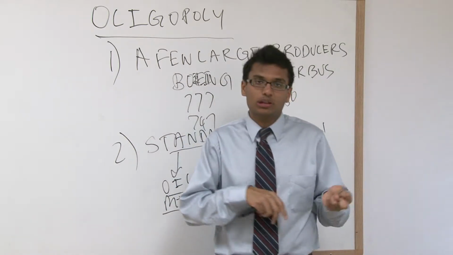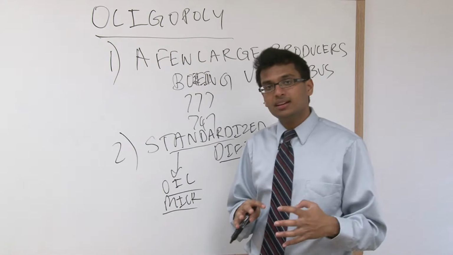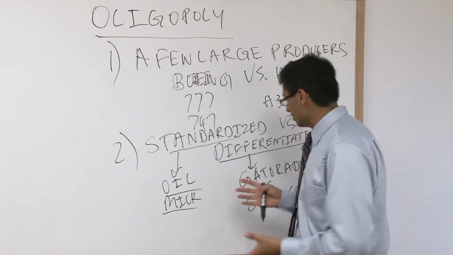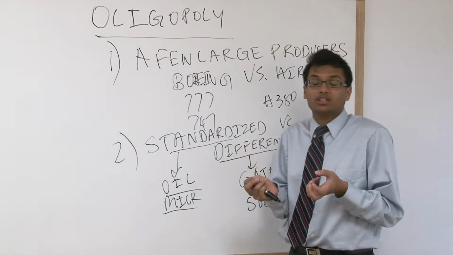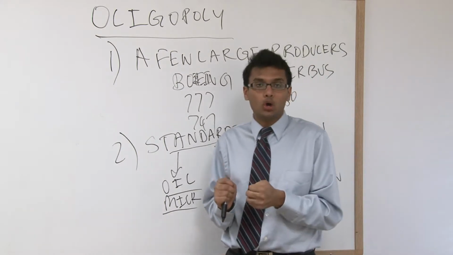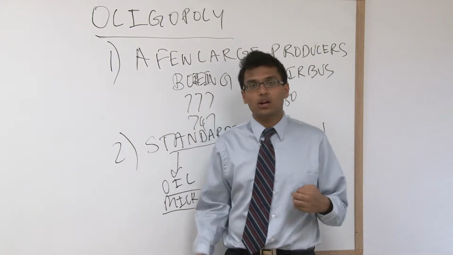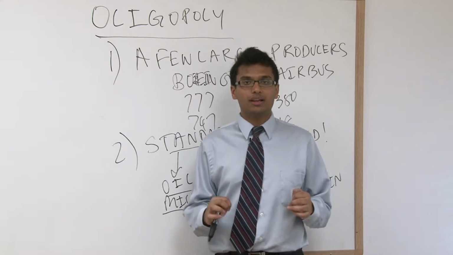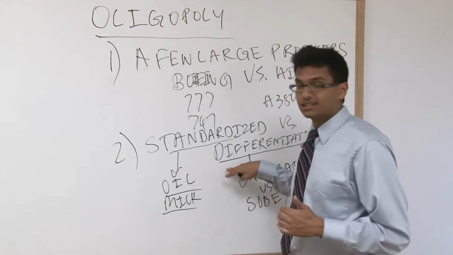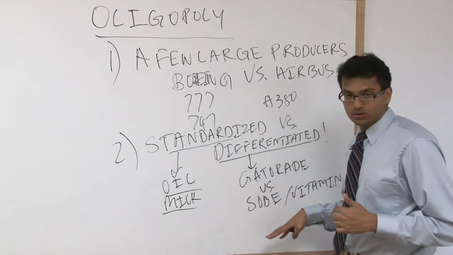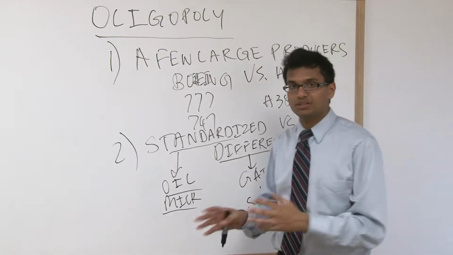Maybe you like lemon, maybe you like orange, whatever. If I want to buy Coke, I know exactly how Coke tastes. I know why I prefer Coke over Pepsi or whatnot. That's an extremely differentiated product. It's not like you buy Gatorade or Sobe or Vitamin Water and they have the same taste.